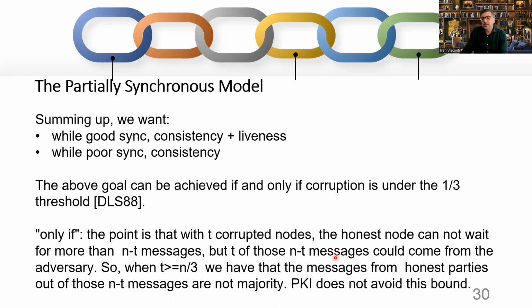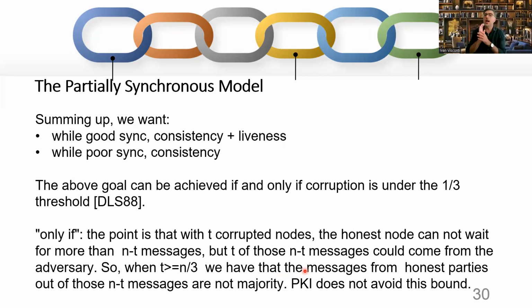The conclusion is that if the adversary controls more than 1/3 of the players, T greater than or equal to n/3, then an honest player receives fewer messages from honest players than from dishonest players, and you can now have an intuition that things are going to mess up.